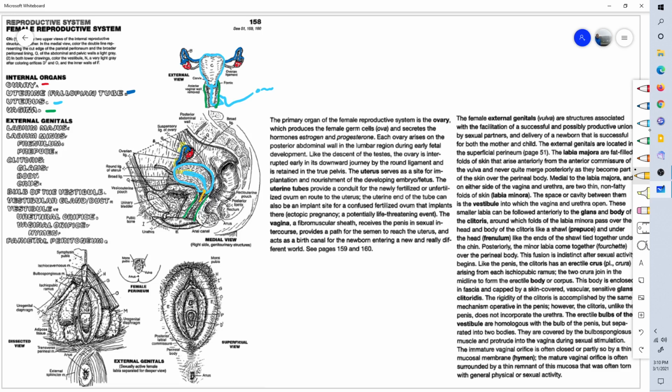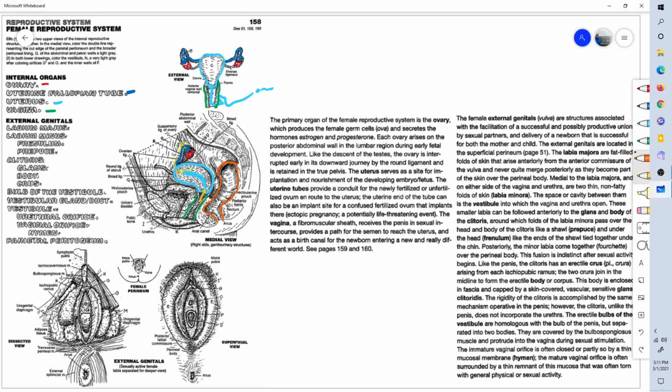The uterus lies in front of the rectum. The rectum is part of your large intestine here, and opens at the anus. And of course, this is the end products of digestion run through here, the large intestine and the rectum.